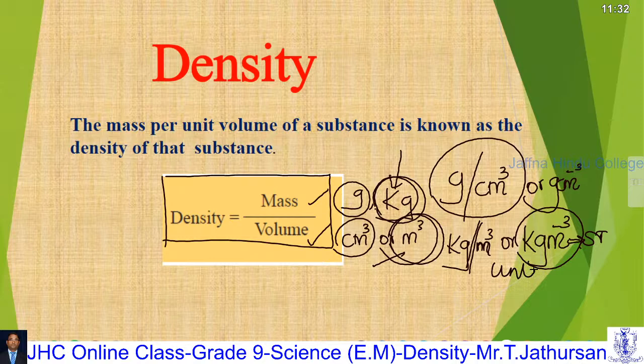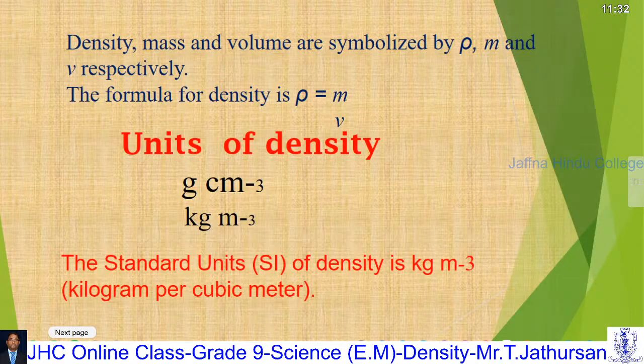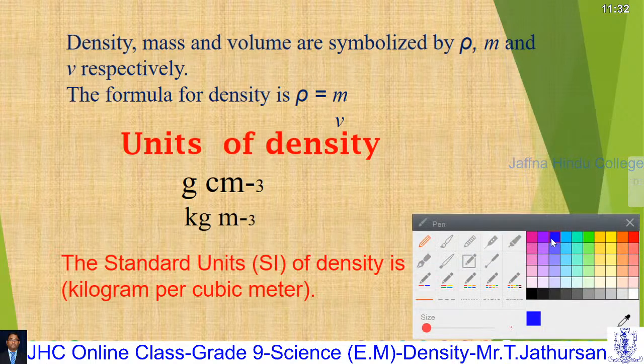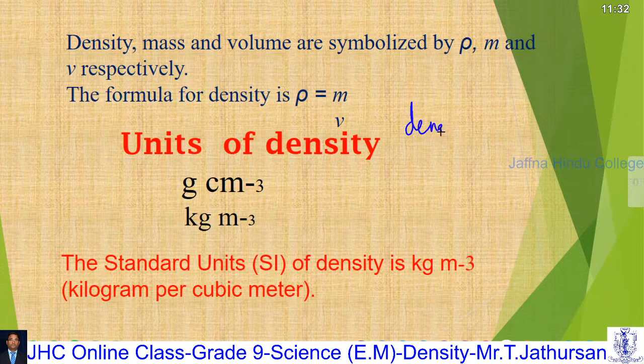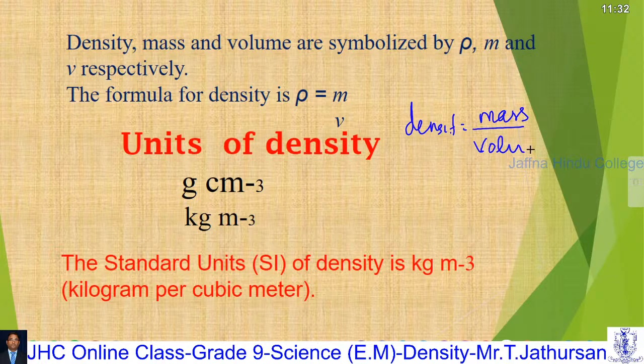Density is equal to mass over volume. Density is denoted by the Greek letter rho.